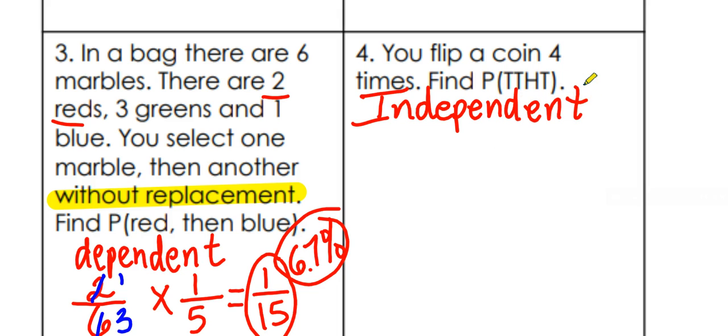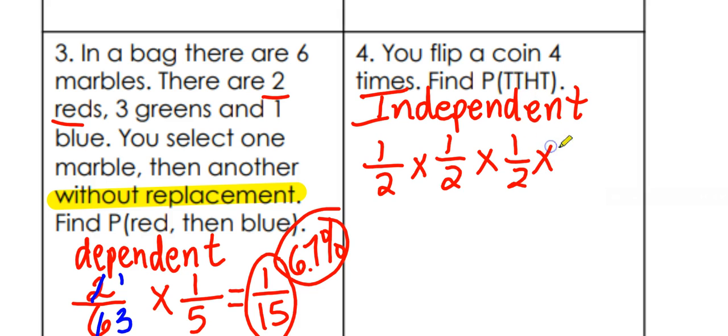For our first event, the probability of a coin landing on tails would be 1 out of 2. That's our first trial. Our second trial, again, I flip a coin. I have a 1 out of 2 chance. Again, this is theoretical probability. The third time I flip the coin, I still have a 1 out of 2 chance of getting heads, because it's the same probability as tails.